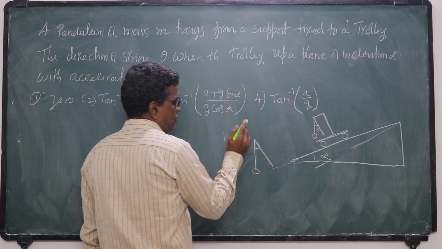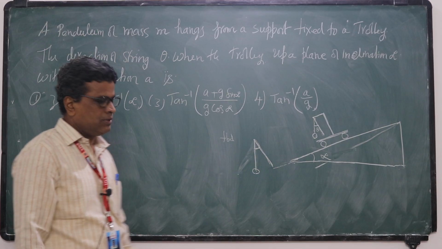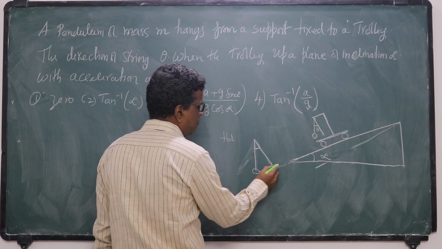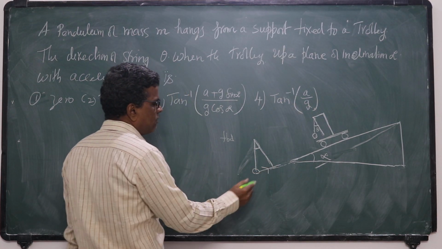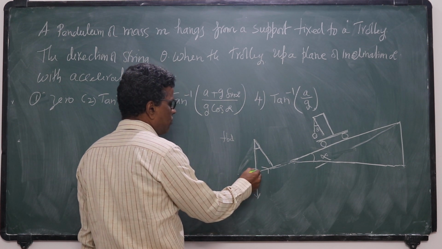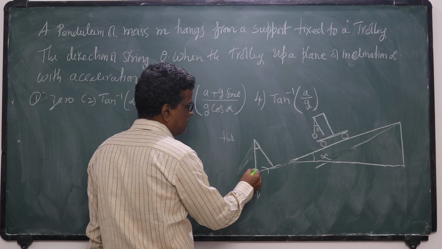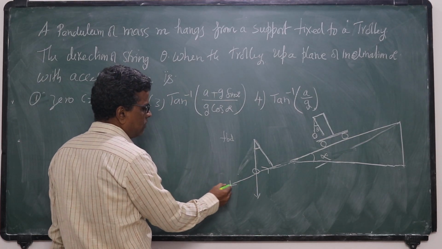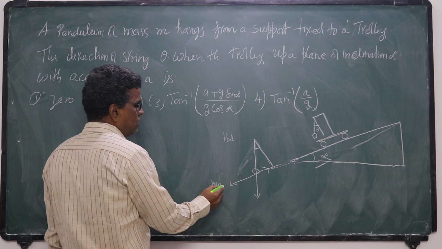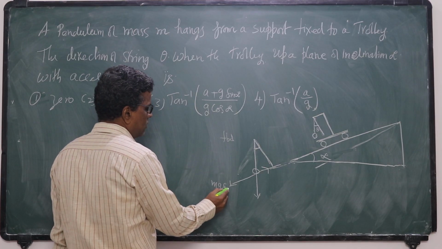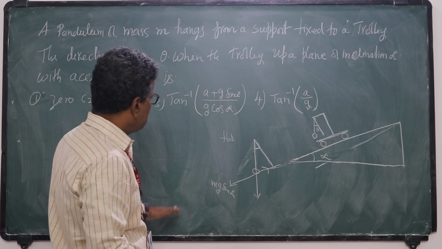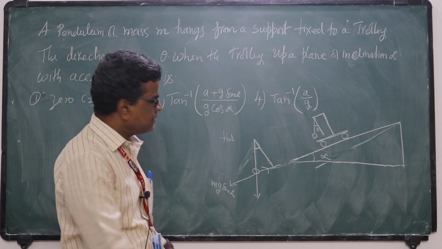Now, what are the forces acting on this bob? When it is rising up with an acceleration a, what are the real forces? Real force is mg, that is resolved into two components. One component is mg sin alpha, acting down along the plane, and a pseudo force will act on this bob.